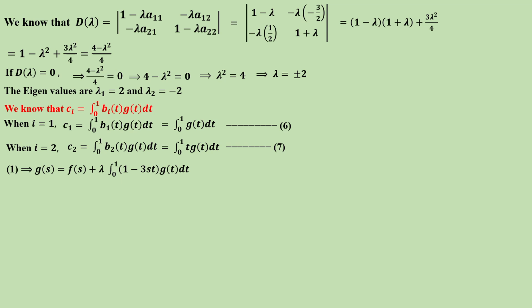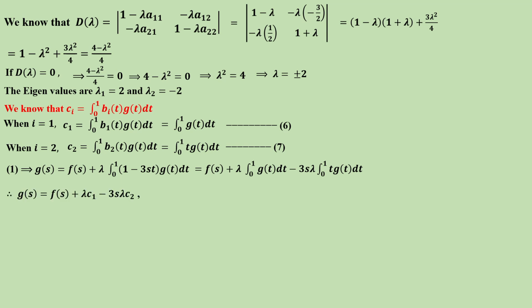So from 1, g(s) = f(s) + lambda times the integral from 0 to 1 of (1 - 3st) g(t) dt, which is equal to f(s) + lambda times, splitting the integral into two, the integral from 0 to 1 of g(t) dt, minus 3s lambda times the integral from 0 to 1 of t g(t) dt.